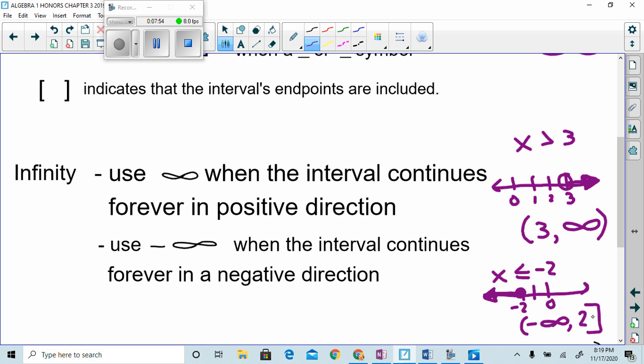So we'll get comfortable with this in a very short time. It's not that difficult. We're looking at the less than or greater than using a parentheses. We're using the less than or equal to, greater than or equal to bracket, and then we're using the positive or negative infinity. Here's what it might look like in a question.